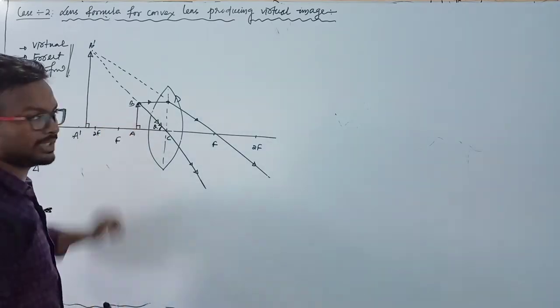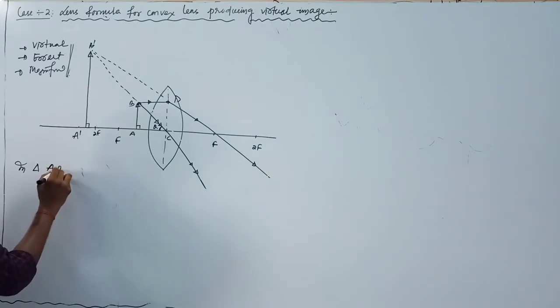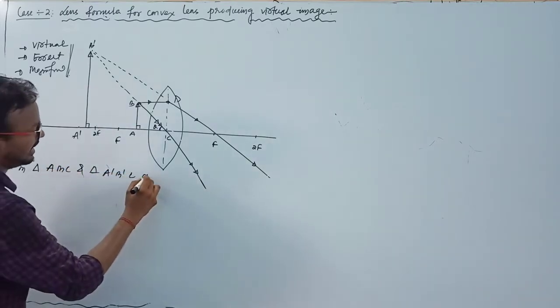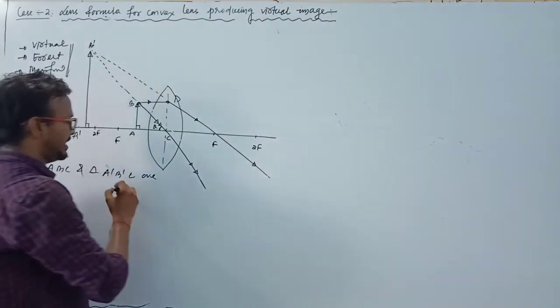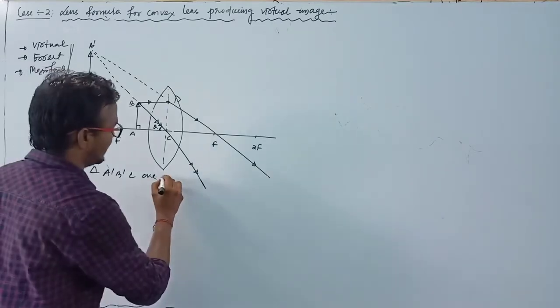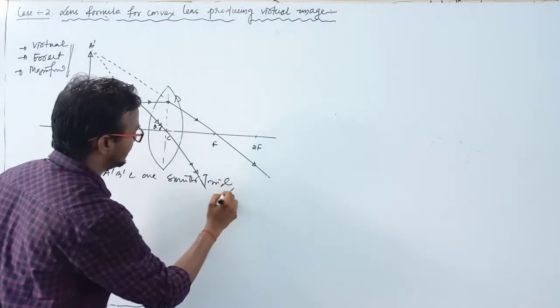So these two are similar triangles. So triangle ABC and triangle A'B'C are similar triangles.